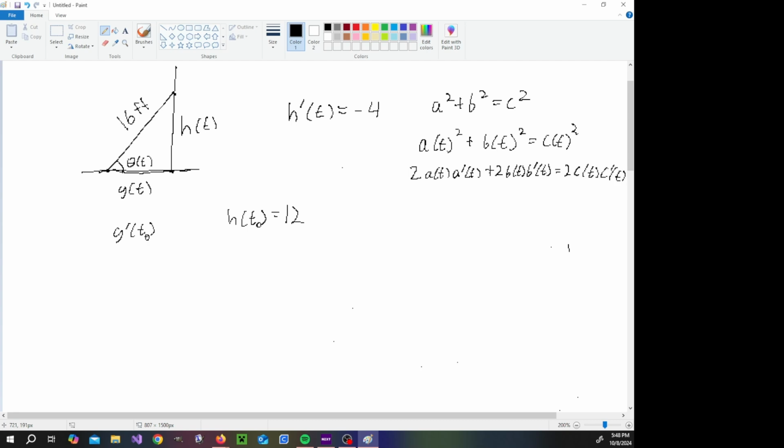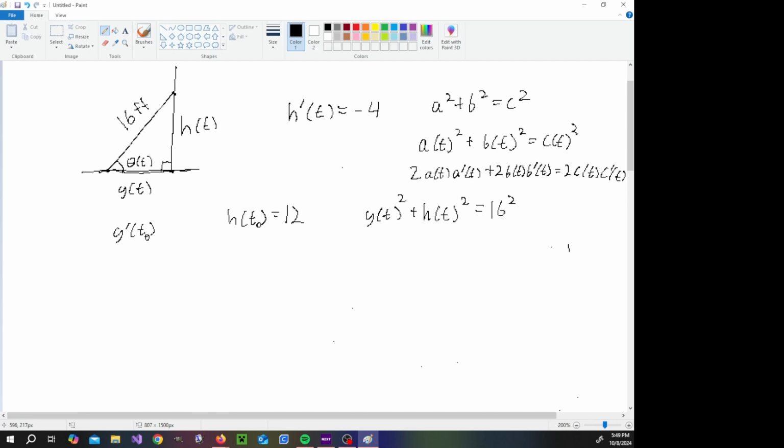So that's just this very general form. However, for us, it turns out because the length of the ladder itself isn't changing, and that's the part that we would call the hypotenuse here, because this is going to be our right angle in the inside corner with the building and the ground. So we would write in our terms g squared plus h squared is always going to be equal to 16 squared.